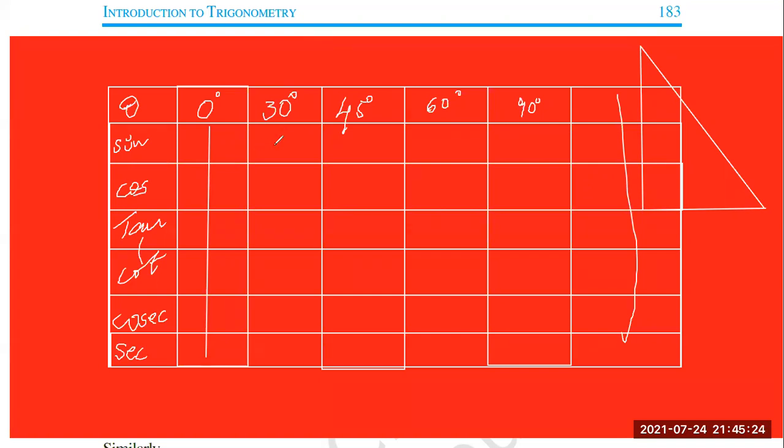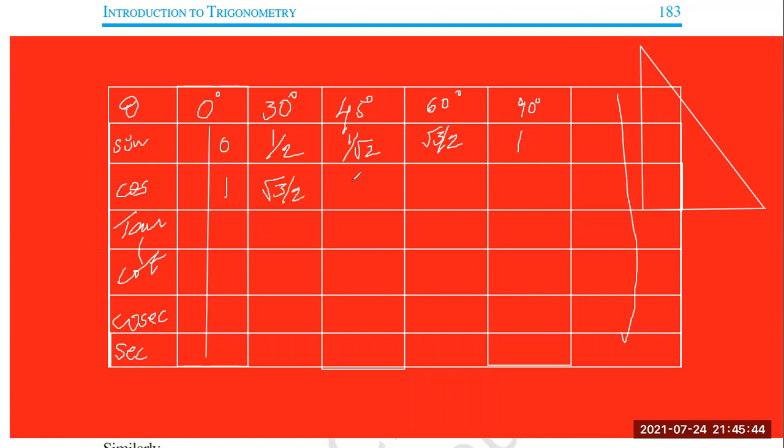Sin 30 is 1 by 2, sin 45 degrees is 1 upon root 2, and sin 60 is root 3 upon 2, sin 90 is 1, cos 0, अब यहाँ पे ये 1 जो है यहाँ आएगा और ये 0 है, and ये root 3 by 2 यहाँ पे आएगा.